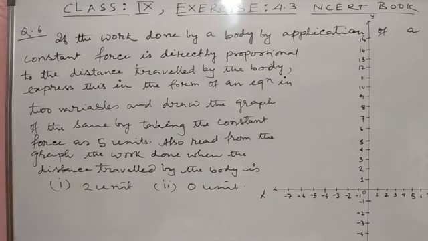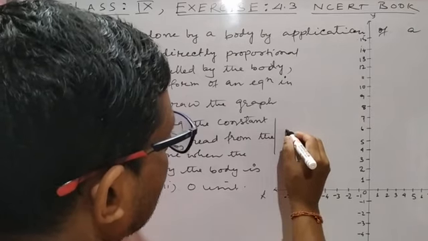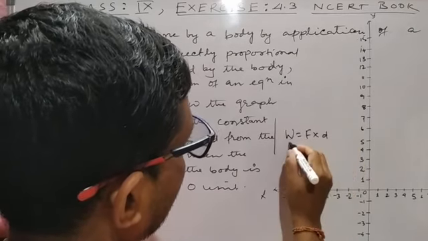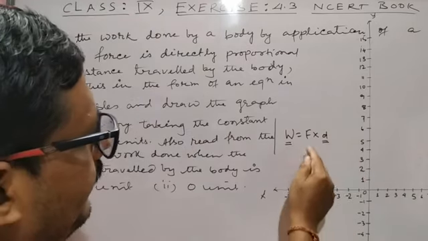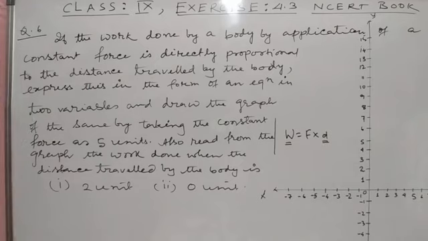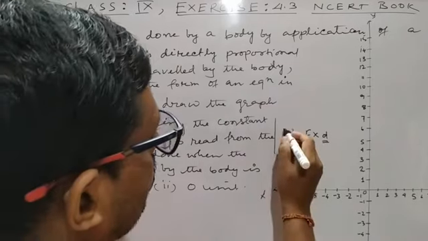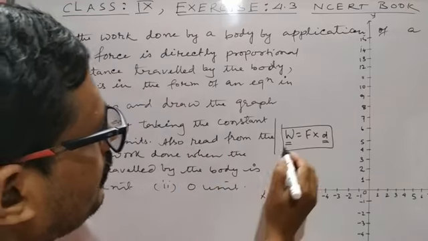See here, in science we have one thing, that W equal to F into D. W means work done, D means distance traveled, and F means force applied. So we have to use this relation to form an equation.